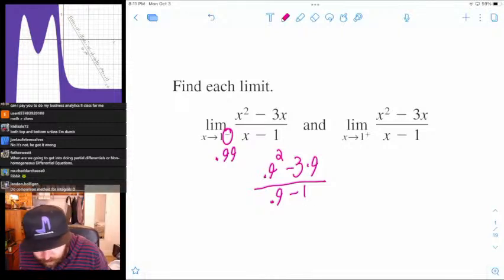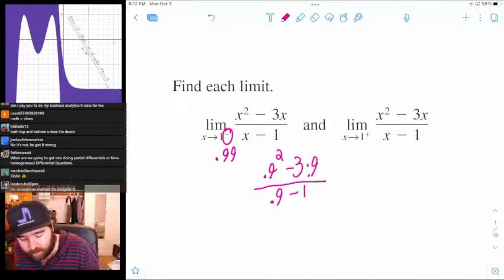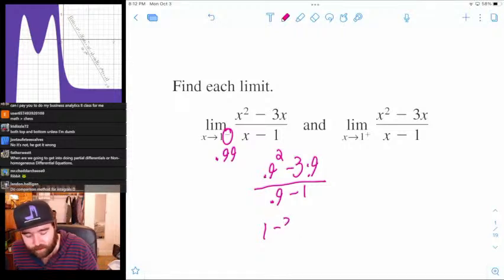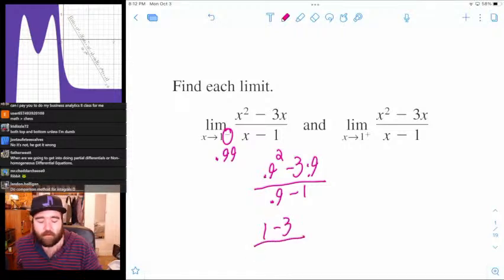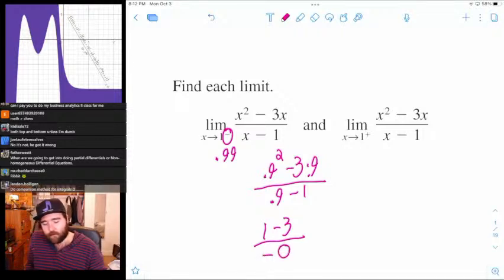So let's think about what we have here. On the top, basically 1 squared is basically 1, minus 3 times basically 1, so that's sort of just minus 3, over basically 1 minus 1 but a little less, so sort of like negative 0.